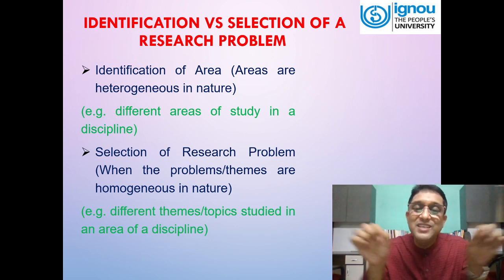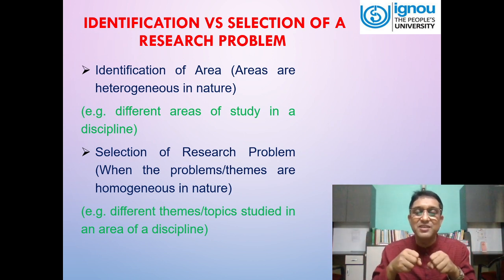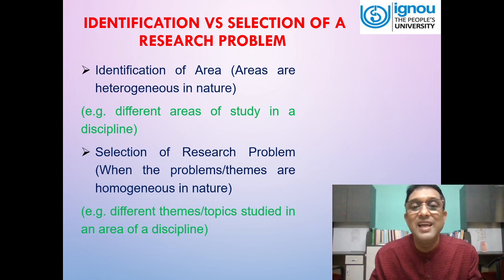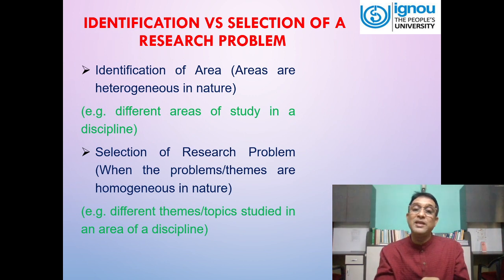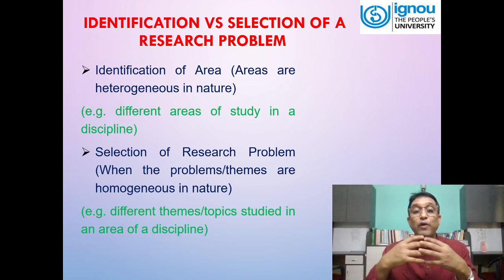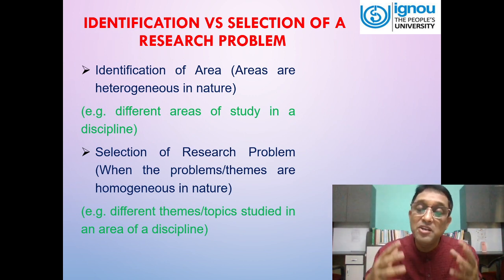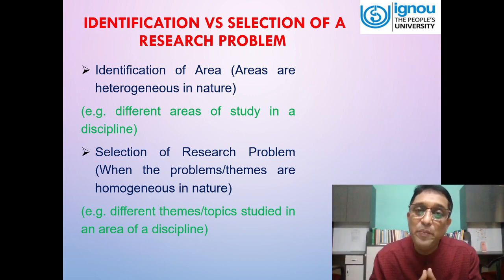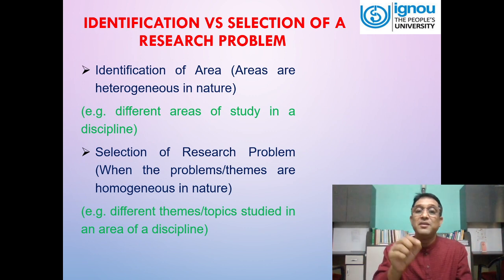So when the things are homogeneous, then you can select, and when the things are not homogeneous, you cannot select. You can first identify one area, and after identifying one area, you have to go for a rigorous study, rigorous understanding. You have to understand what the different themes, topics, and issues are in that area.